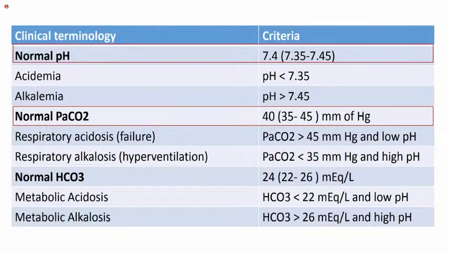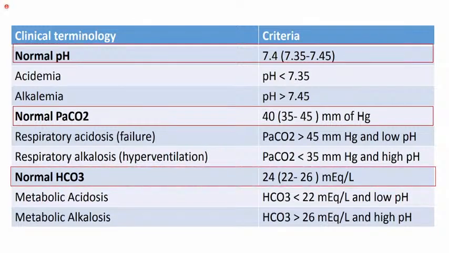You're blowing off a lot of CO2, so the partial pressure of CO2 drops to less than 35. There's less acid within the body, so you become alkalotic. So the pH is high, so you've got an alkalosis. And if the primary issue driving that is a respiratory issue, such that you're losing too much CO2, we call that respiratory alkalosis.